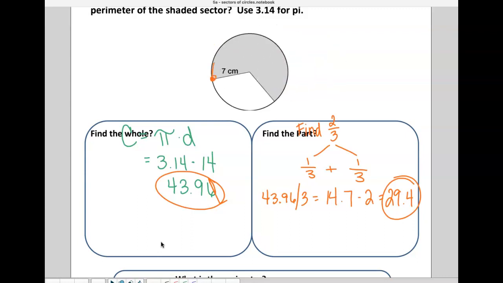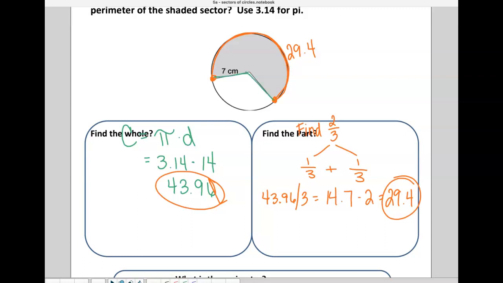From here to here is 29.4. Have I found the perimeter of that sector of the circle? Have I gone all the way around the shaded part? No, I've only gone here, right? So far, I've only done this. I still have to go here and here.